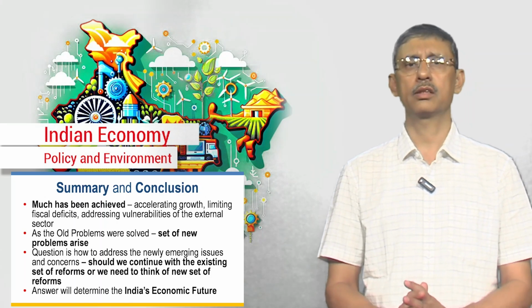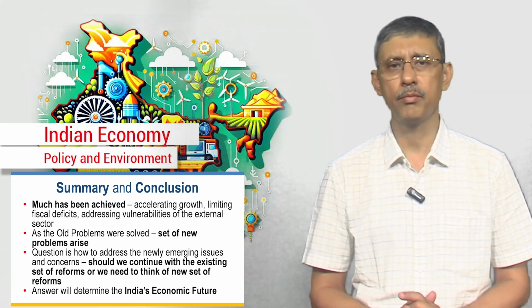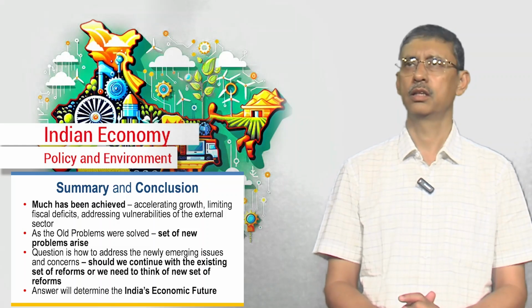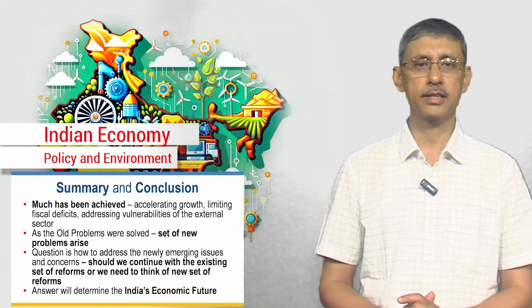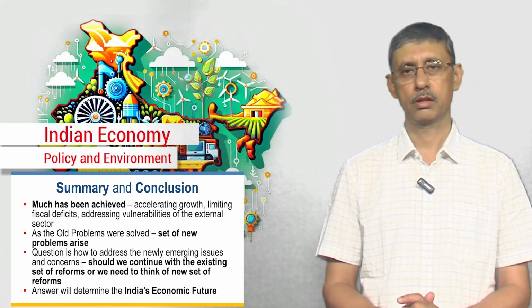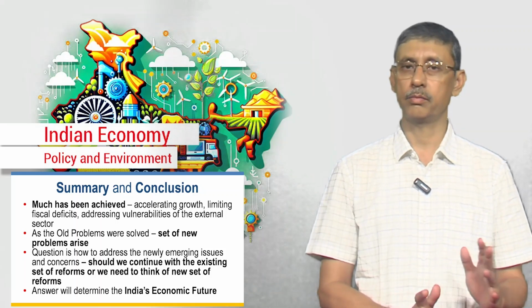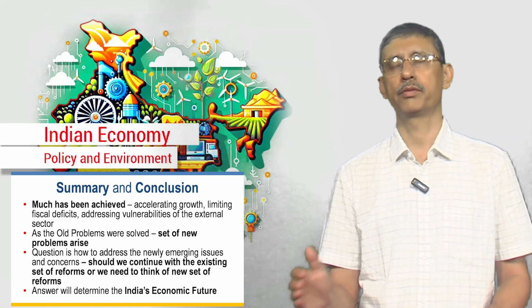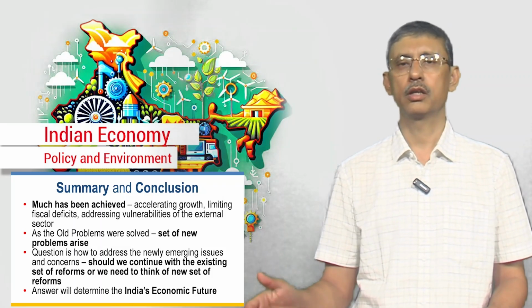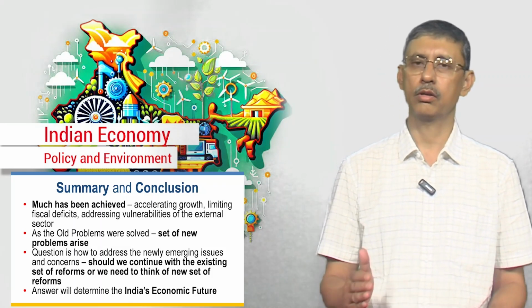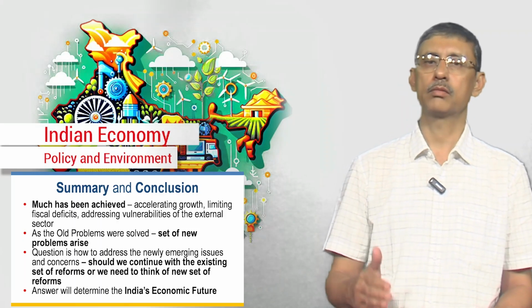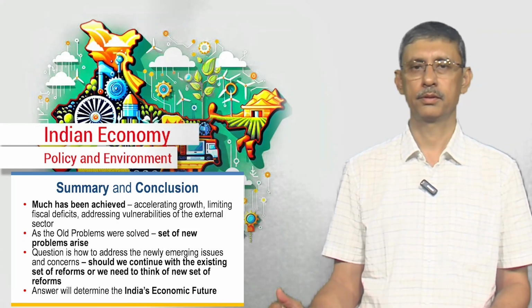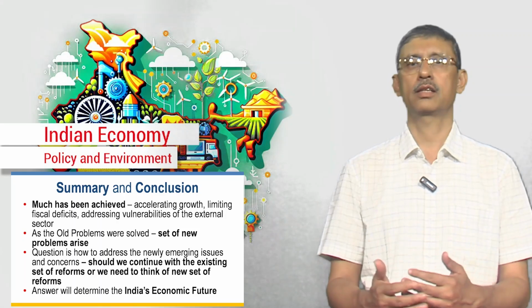Now the question is how to address the newly emerging issues and concerns. Should we continue with the existing set of reforms, believing that it has not been enough? Or should we think about a new set of reforms, which is not growth centric or growth sensitive, but more distribution sensitive?